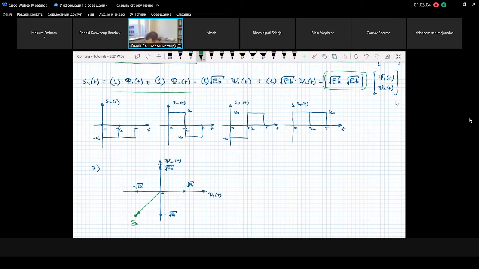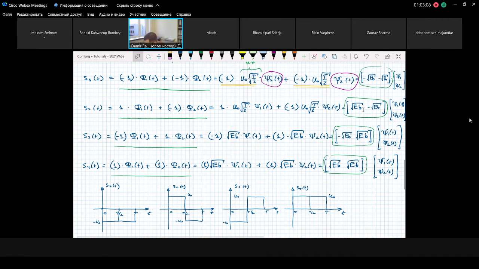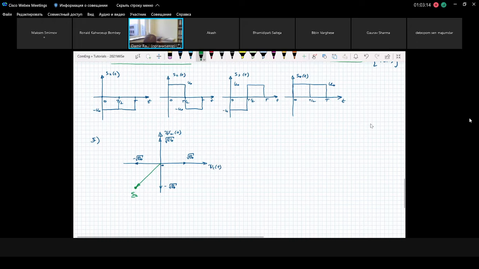Then we go to the second signal, S2 of t, and we have square root of EB and minus square root of EB. So the first component comes with a positive sign, the second comes with a negative sign. This is vector S2.